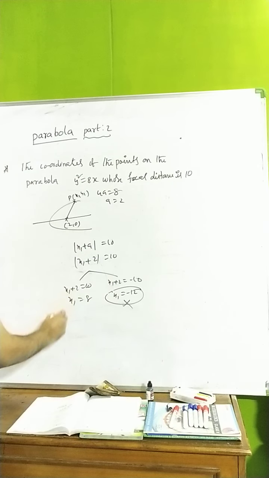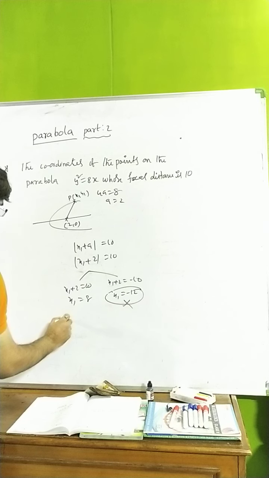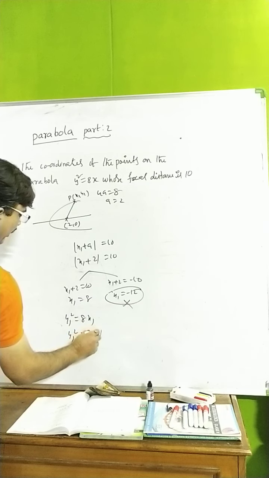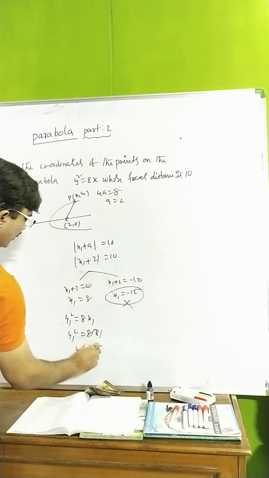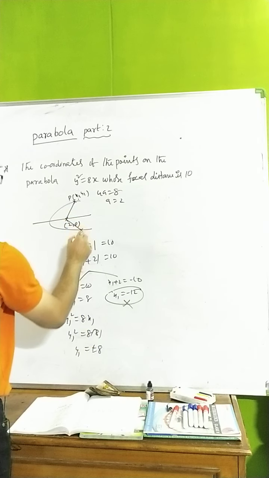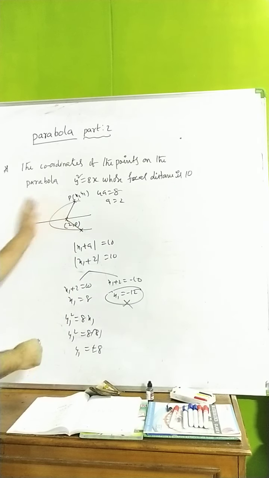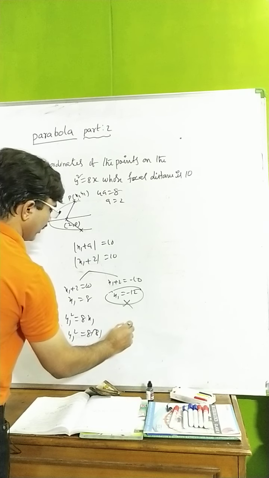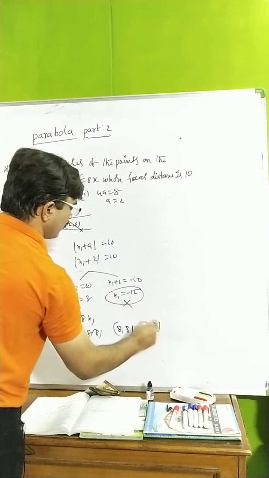Then y1 square is equal to 8 into 8, so y1 is equal to plus or minus 8. One is on this side, the other on this side. So the point is (8, 8) or (8, minus 8).